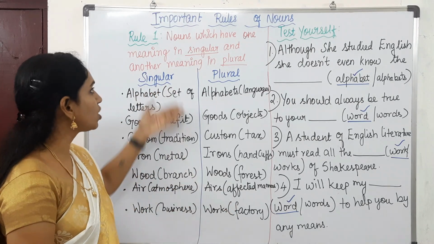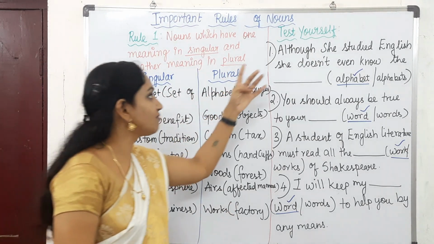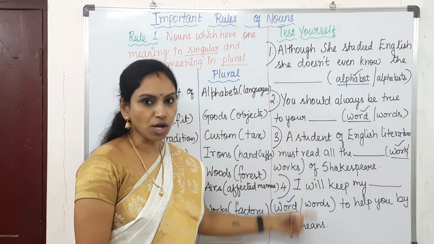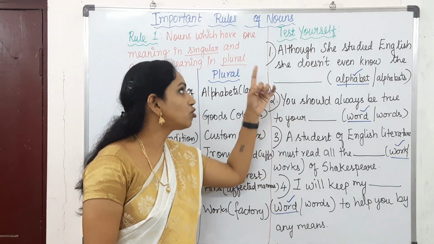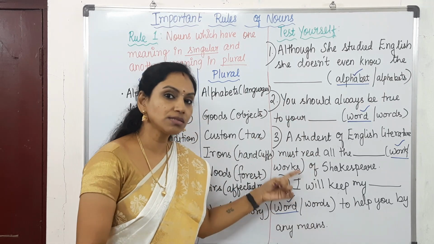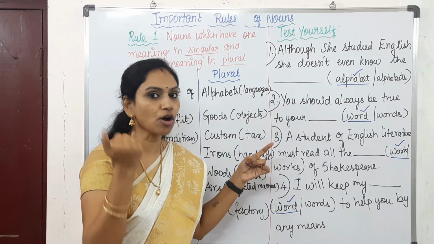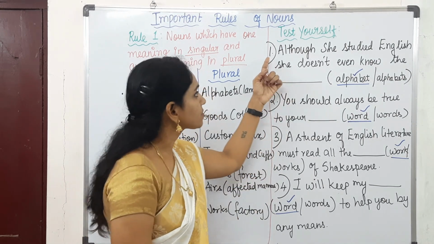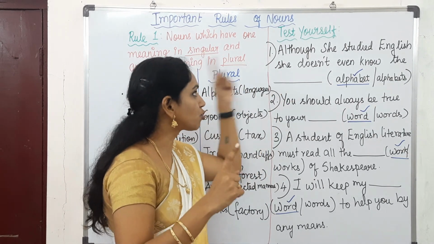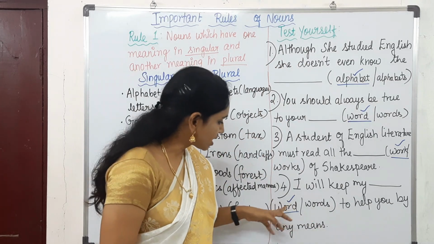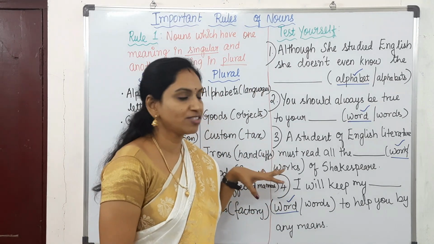Okay. Now, for this rule, let us see a few examples. Test yourself. Again, I am telling you, test yourself are the questions which I have taken from your previous year question papers of your government examinations. For this rule, I have given 4 examples for test yourself.